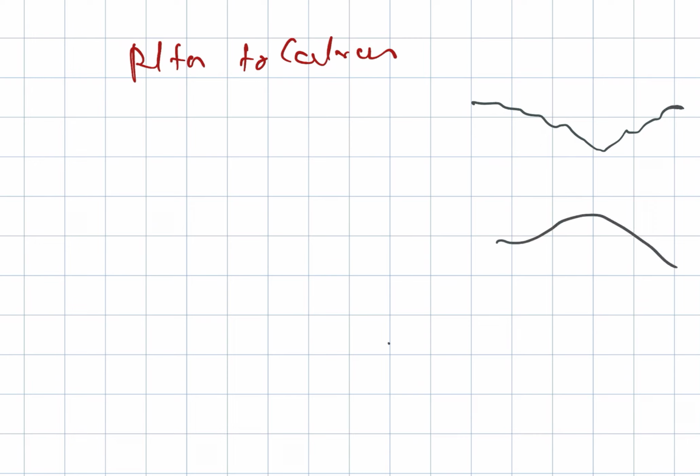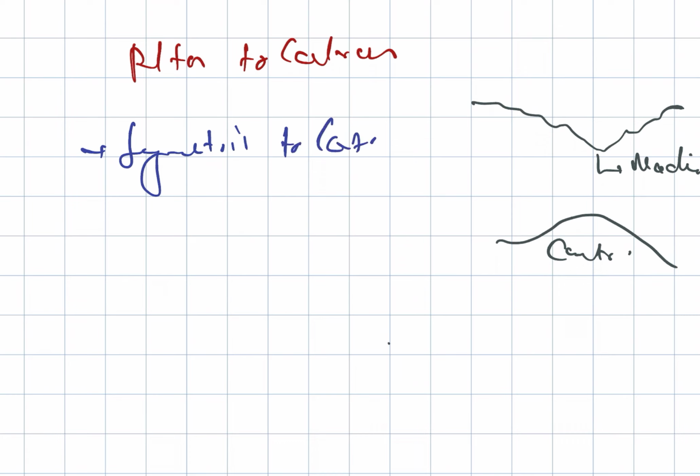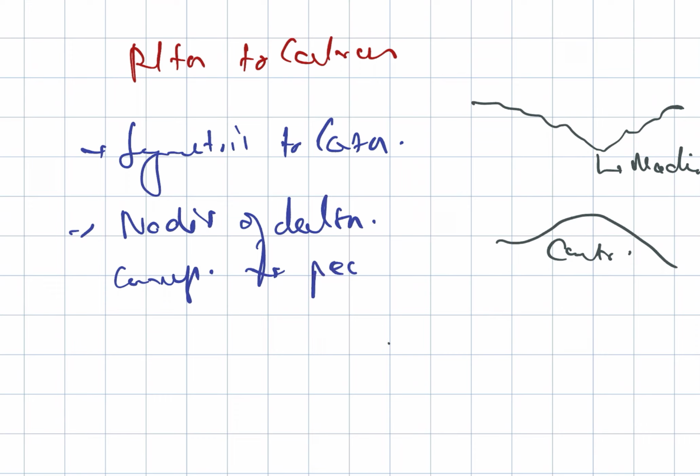So firstly, the relationship to the contraction. Let me draw it in rough. This is what we saw. These are nothing but the contraction. So here it's symmetric to the contraction, as well as the nadir of deceleration corresponds to the peak.